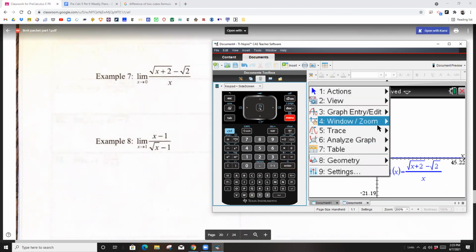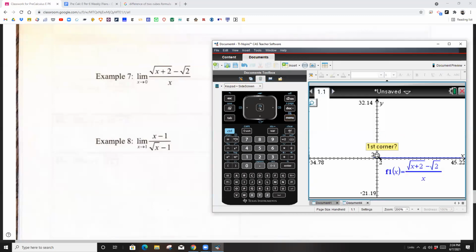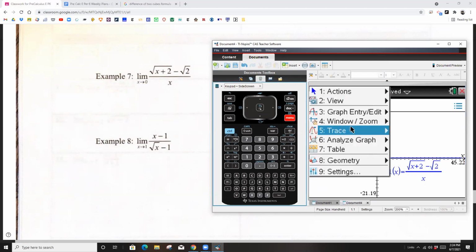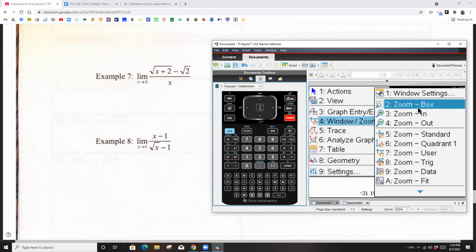I'm going to zoom in a little bit. Zoom box.